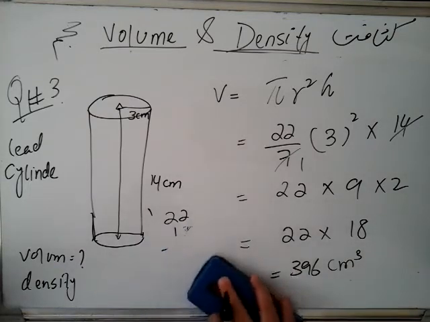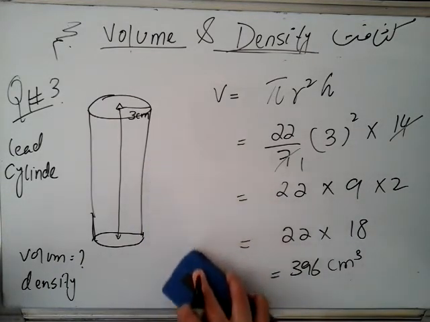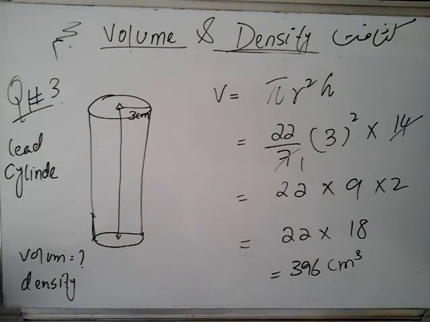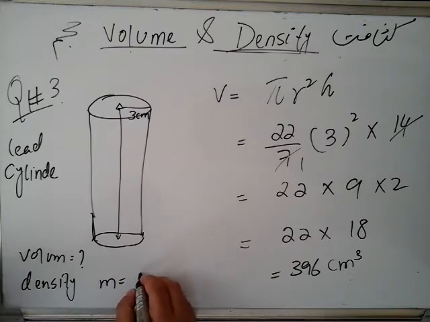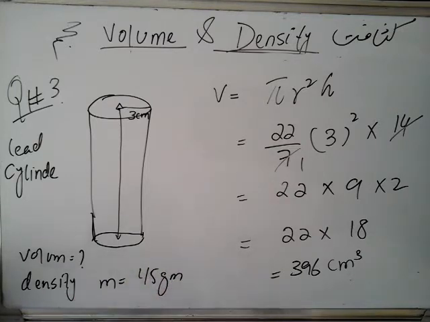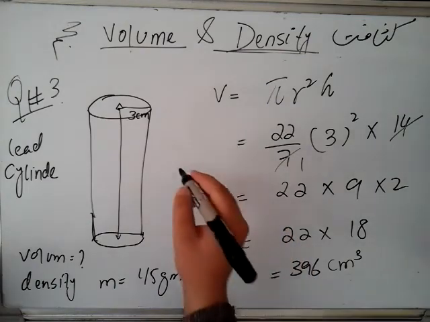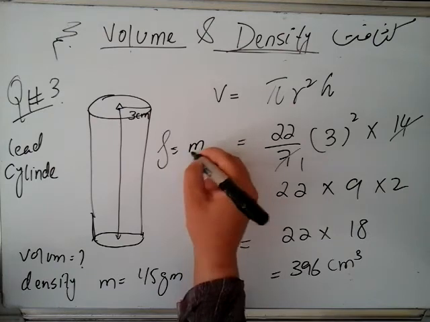Okay, now we are going to find the mass. Now here the mass is given. Mass of lead is, suppose, 45 gram. Here we know that density is equal to mass per unit volume.